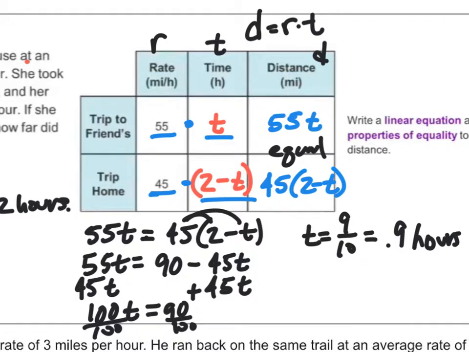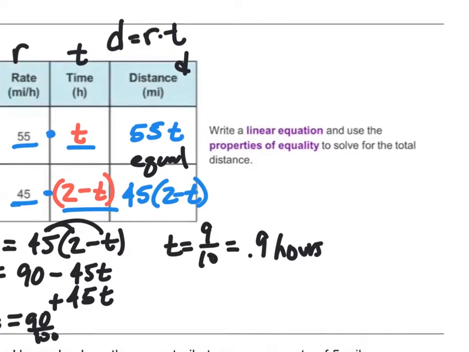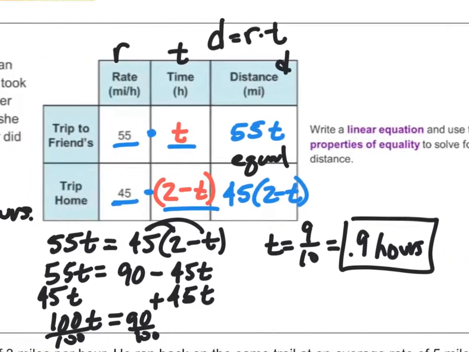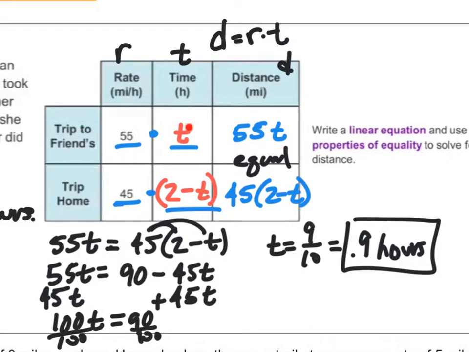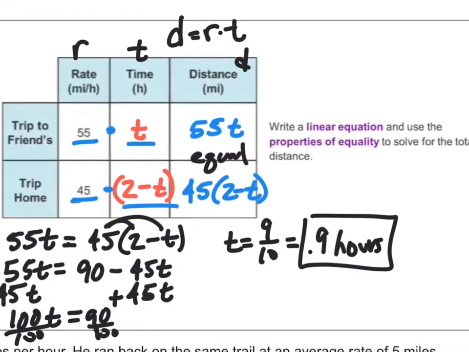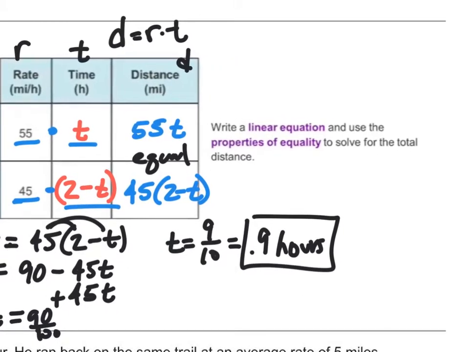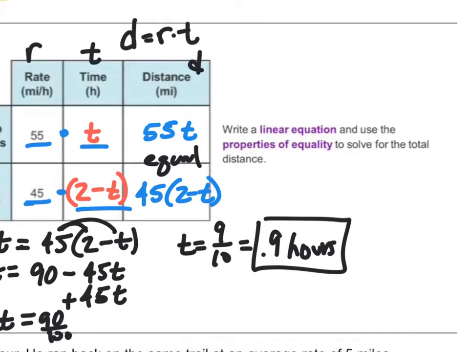But we still have to go back and answer the question, because it says, what's the distance, okay? I know the time that it's going to take me to go to the friend's house, 0.9 hours. Then I'm going to solve that for the actual distance. So to find the distance, I would take that value and plug it into here. You could plug it into here as well if you want, but this one seems a little bit easier.